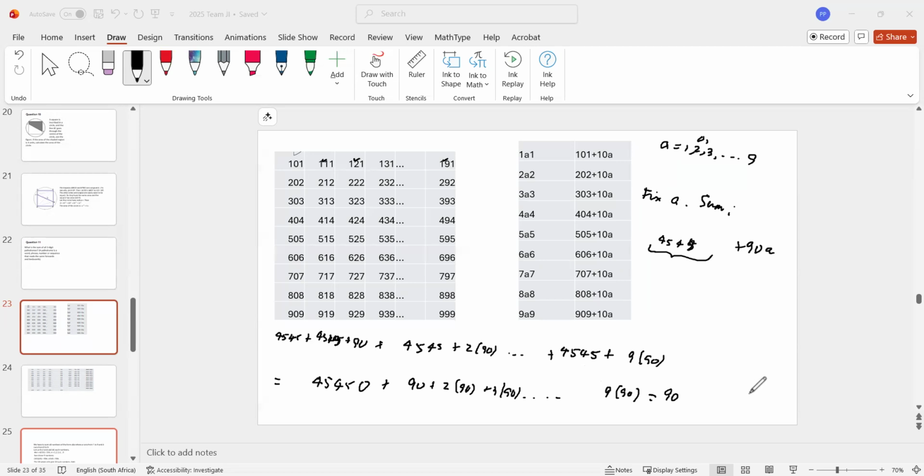If you take it out, it's 1 plus 2 up to 9, and that's 45. And that's 4050. So this is 45450 plus 4050. And when you work this out, 450 plus 50 is 500. So you have 49500.